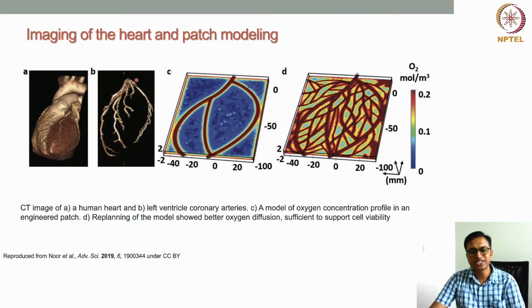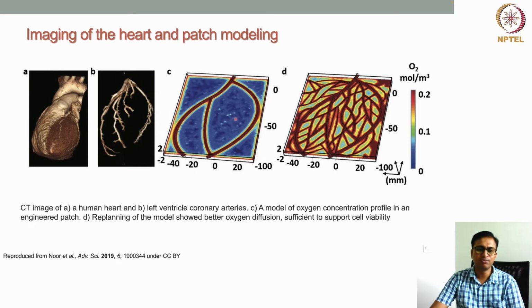From there, we can extract the left ventricle coronary arteries. These extracted coronary arteries are again modeled.